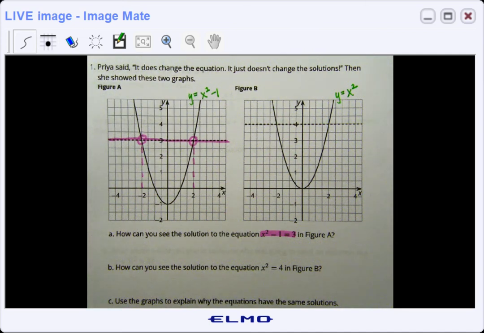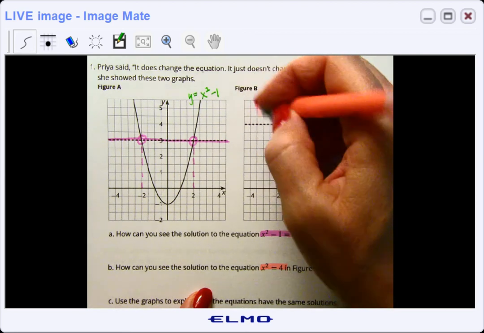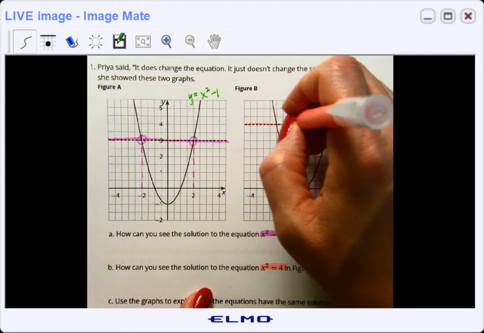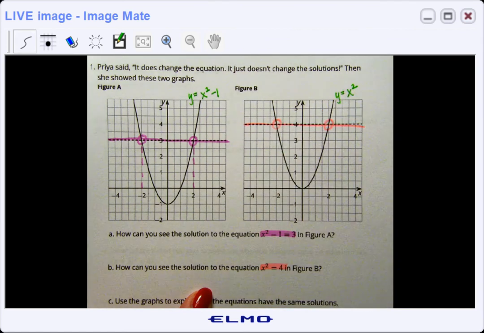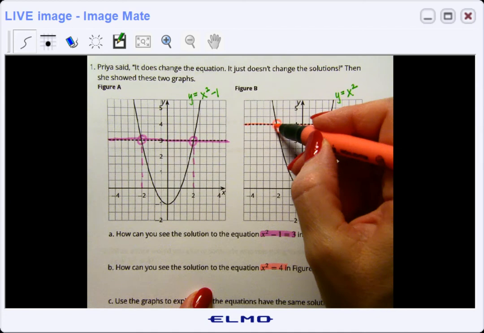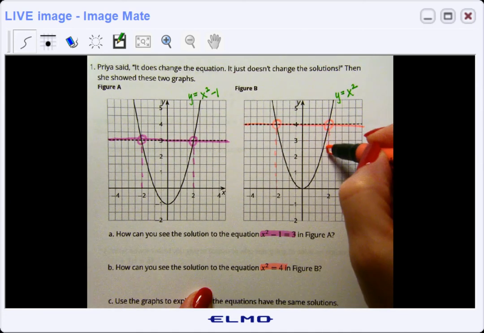And as I'm sure you've jumped ahead and realized, the second graph allows us to see x squared equals 4. So here's the line y equals 4, and it intersects y equals x squared in two places, where x is equal to negative 2 and where x is equal to positive 2.